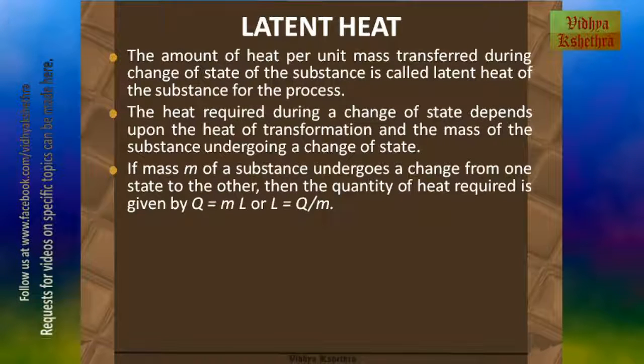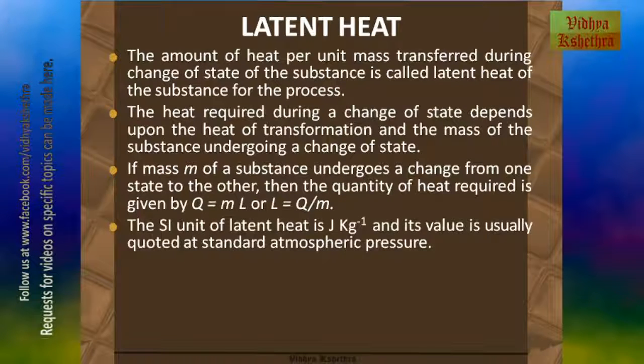If the mass m of a substance undergoes a change from one state to another, then the quantity of heat required is given by Q = mL, where L is the latent heat, or L is given by the quantity of heat divided by the mass of the substance.